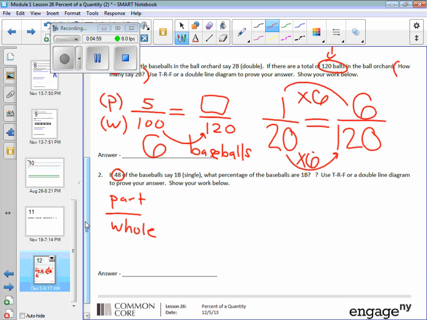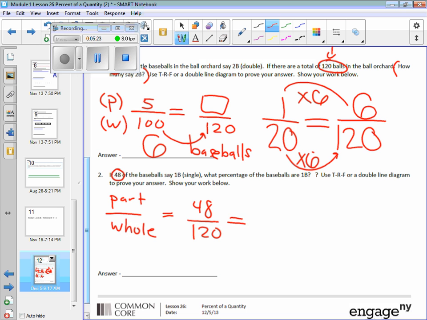All right, ready? 48 for 120. 48 is the part. 120 is still the whole. That's all of the baseballs, of which 48 of them say single on it.